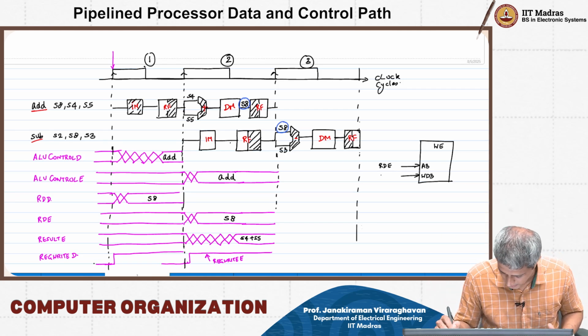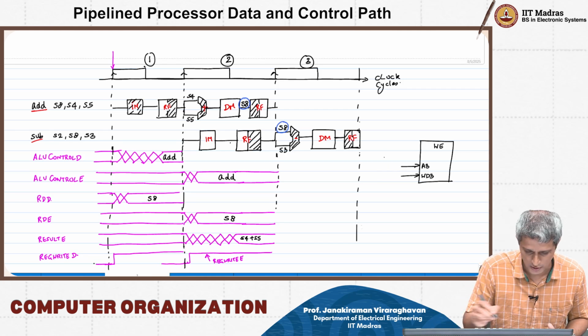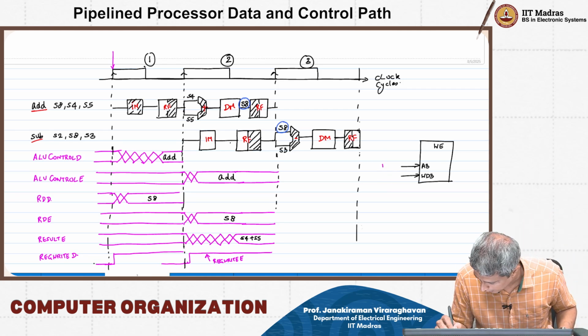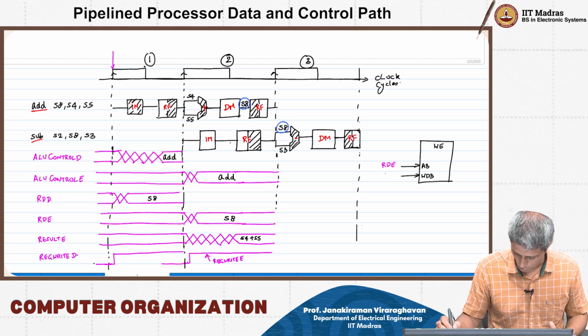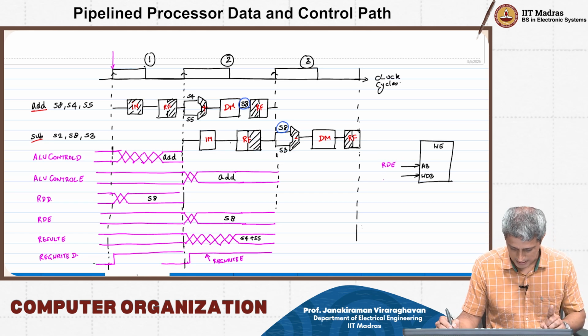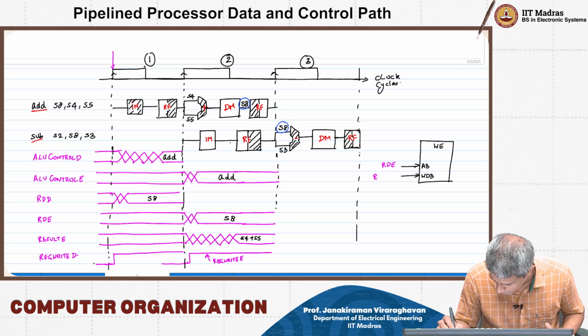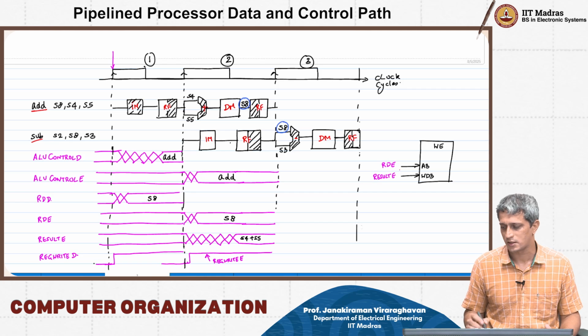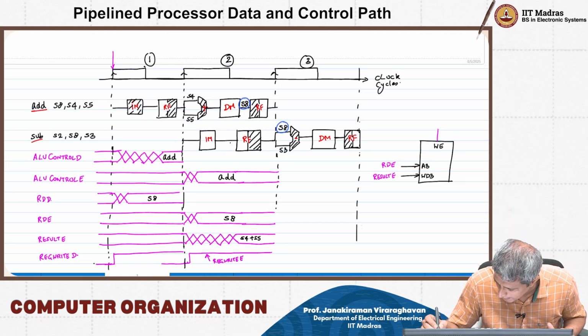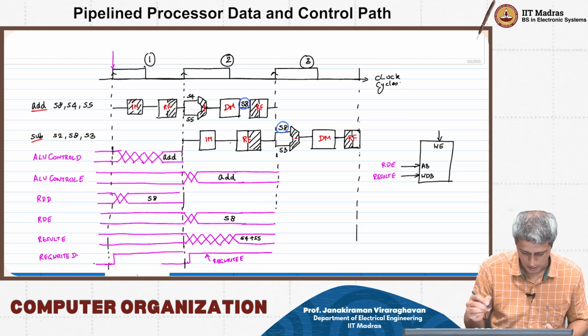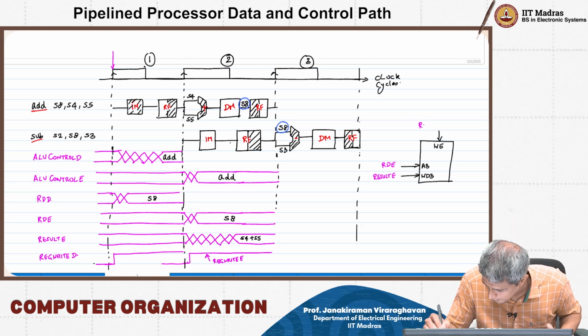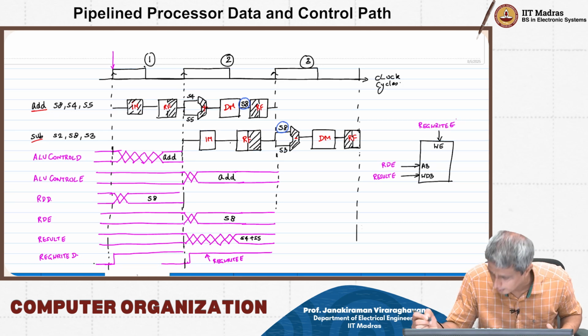I will put this in magenta to keep the color coding, RDE, the input, and then you are looking at reg write result E, because that is going to carry the answer of S4 plus S5, and the write enable is going to get controlled by the reg write E signal.